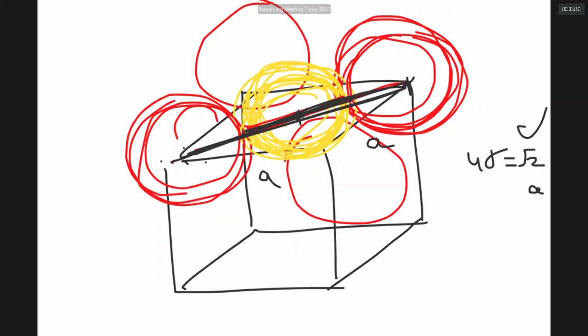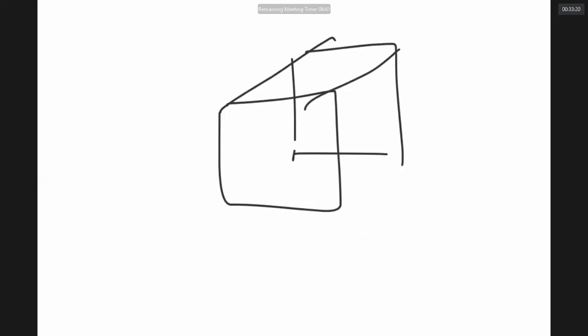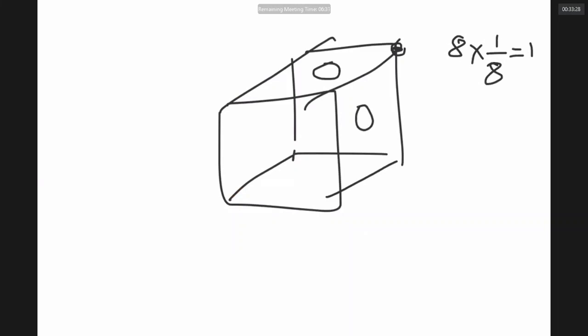In the face-centered cube, effectively, how many particles are there? You know that every corner is shared by 8 fellows. 8 into 1 by 8 is equal to 1 particle. Every face center is shared by how many? 2. So 6 into half, that is equal to 3.